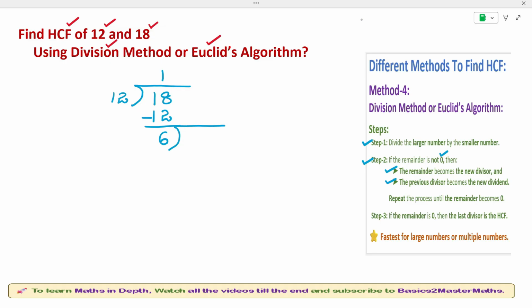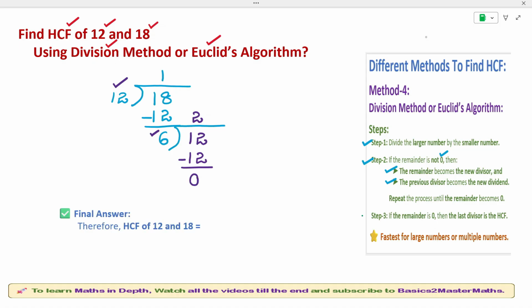In this case, 6 becomes the new divisor and 12 becomes the new dividend. When we divide 12 by 6, we get 2 as the quotient and 0 as the remainder.